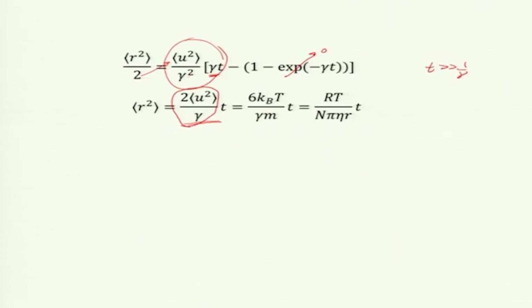Now, u squared: the particle is in a heat bath. This fluid is at a constant temperature and there are a lot of molecules, so our particle will be in thermal equilibrium. Of course, the temperature of this blob is the same as the temperature of the molecules, right? That is what equilibrium means. If this particle was too hot, it will transmit energy to the molecules and vice versa.